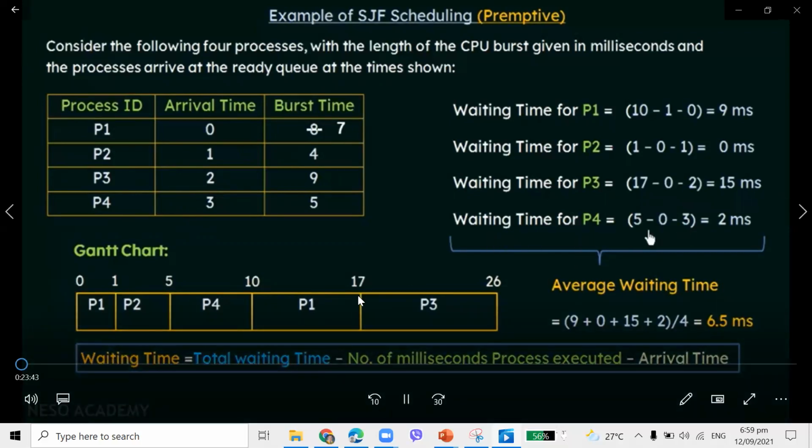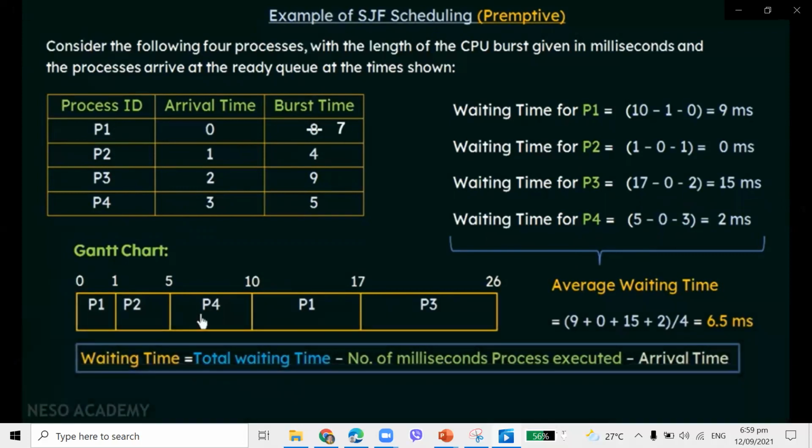And similarly for P4, 5 milliseconds was the total waiting time. If you look here, P4, this is the total waiting time. And then did P4 execute anywhere before? No. So it is 0. And the arrival time of P4 was 3 milliseconds, which is given here. So it is 5 minus 0 minus 3, which gives us 2 milliseconds.